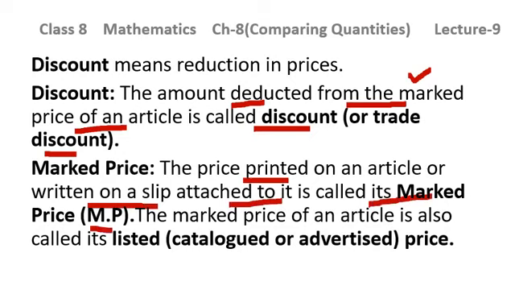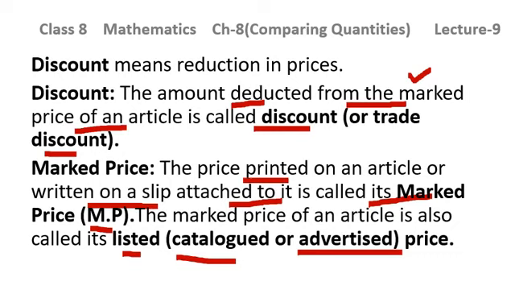The price which is written on an article, on a slip attached to it, which is printed on the tag of an article, is called your marked price. And the marked price of an article is also called its listed price, catalogued price, priced and advertised price. These are all the other names of marked price.